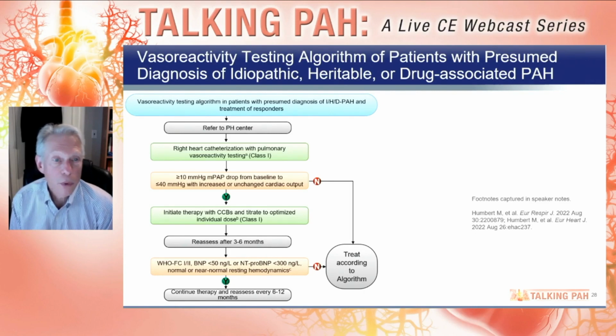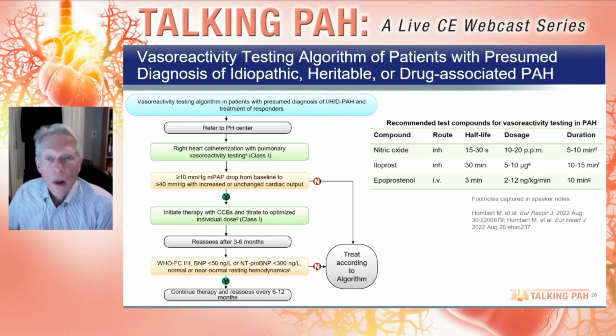I think the other important thing that vasoreactivity testing gives us a sense of is the severity of disease. Many patients are not reactive to the extent that we would consider calcium channel blockers. But they may have some degree of vasoreactivity, which helps you identify patients who have had this disease much longer than we would think. If patients do end up on calcium channel blockers, they need to be followed very closely.